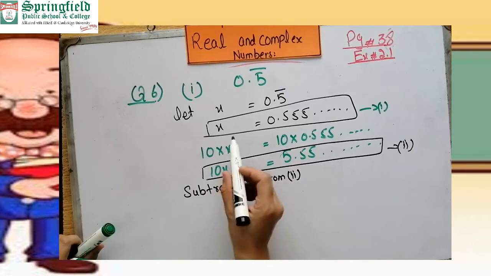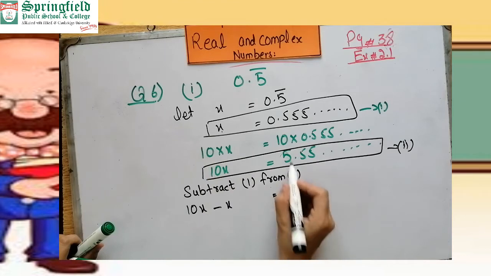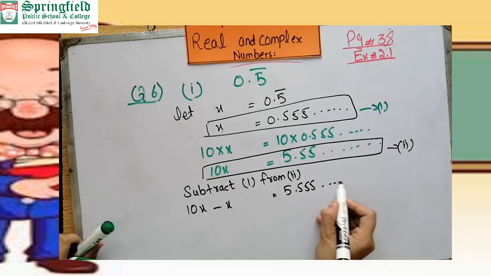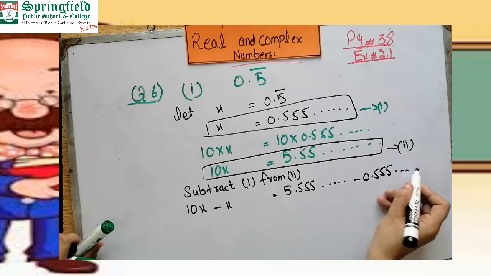What will be the answer? 1 from 2, so 10x minus x. First write on the left side 10x minus x, and on the right 5.555 and so on minus 0.555 and so on.